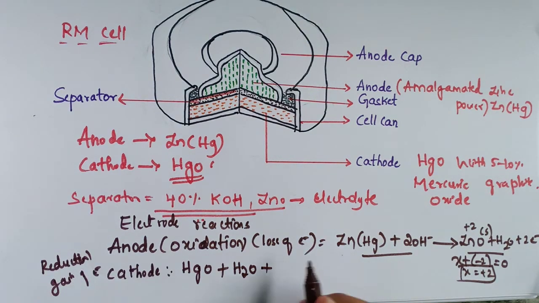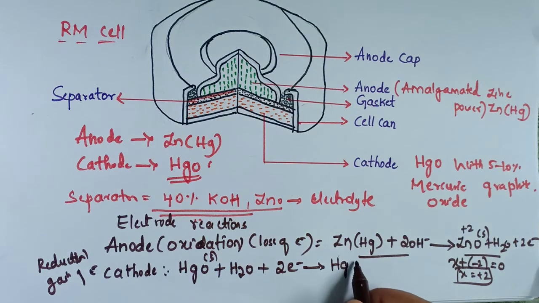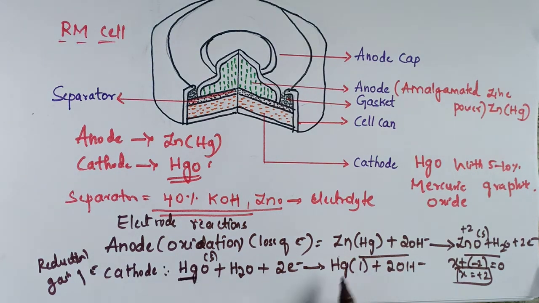These 2 electrons which are lost at the anode are gained here. Here the HgO is solid. After the reaction, we will get mercury, that is liquid, plus 2OH minus. See, Hg, and here is 1 oxygen and H2O is remaining.